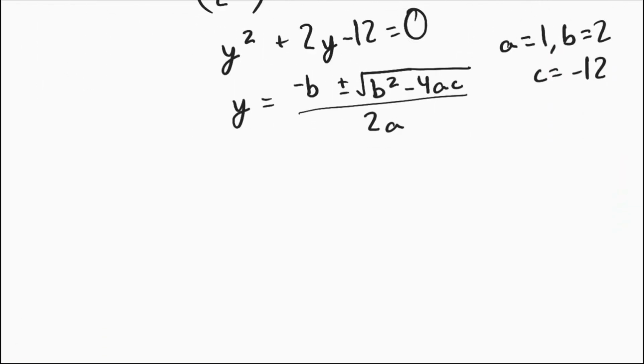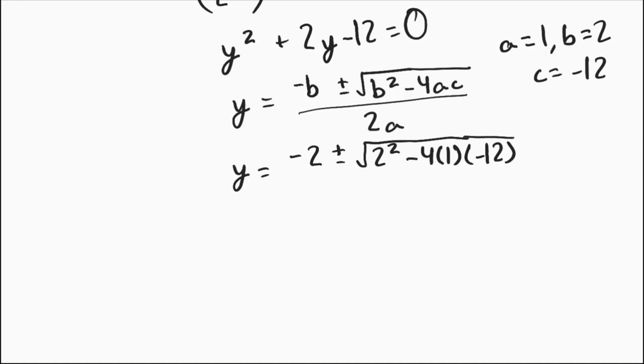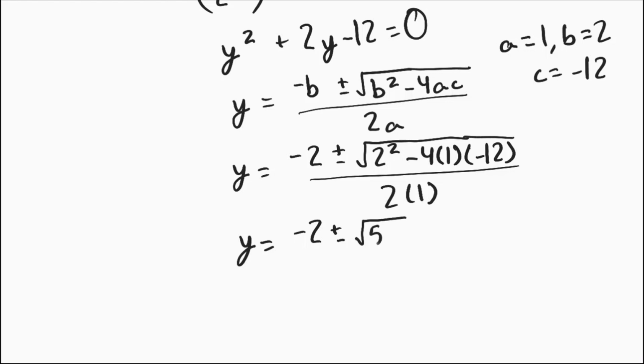So that'll just be y equals negative 2 plus or minus the square root of 2 squared minus 4 times 1 times negative 12, over 2 times 1.